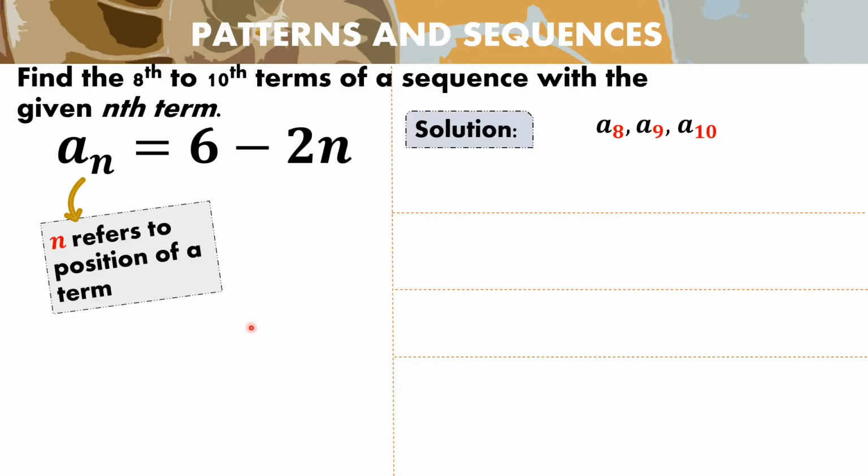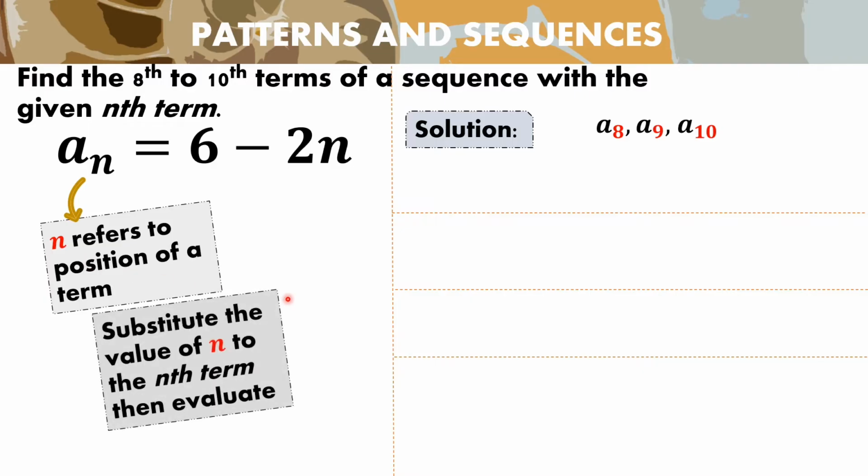We just substitute the value of n into the nth term, then evaluate. Let's start finding a sub 8, or the 8th term.